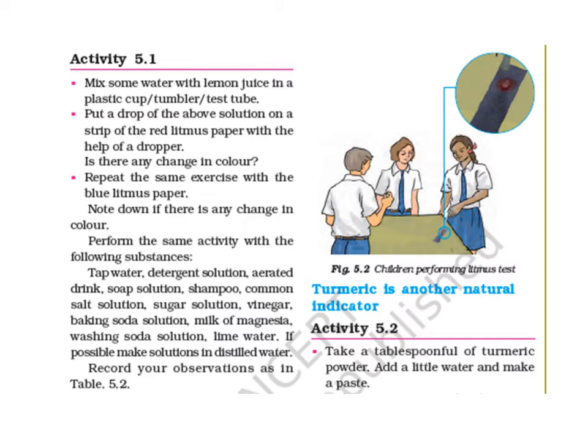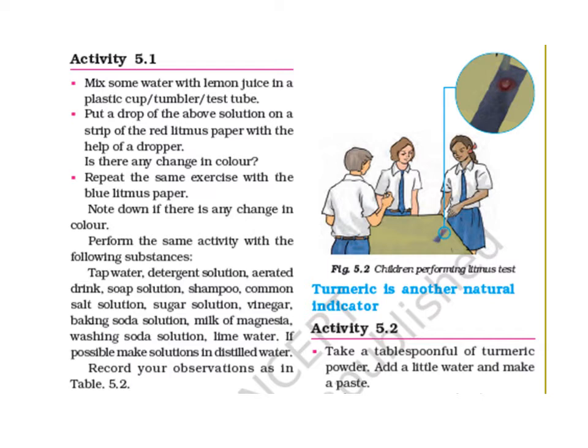So for that we have to take two strips of litmus paper, different color. One is red litmus strip we have to take, and another is blue litmus strip you have to take. So take one of the substances. Suppose we have taken at first lemon juice, and mix that lemon juice with water and keep beside. Then take the two litmus strips.